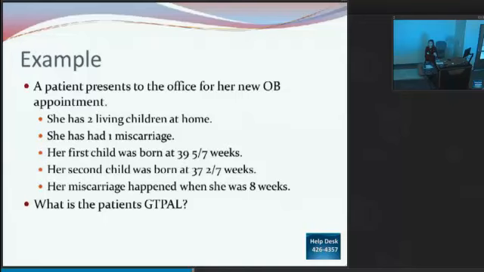What's her A? 1. And then her living children? 2. Perfect. So you can see where that can get a little bit confusing, and if you are confused, don't feel alone. I still have staff in my own office who I sometimes have to review this with. Just try to remember that 20 to 38 weeks is preterm, and 38 weeks and beyond is term, and that should help you out.